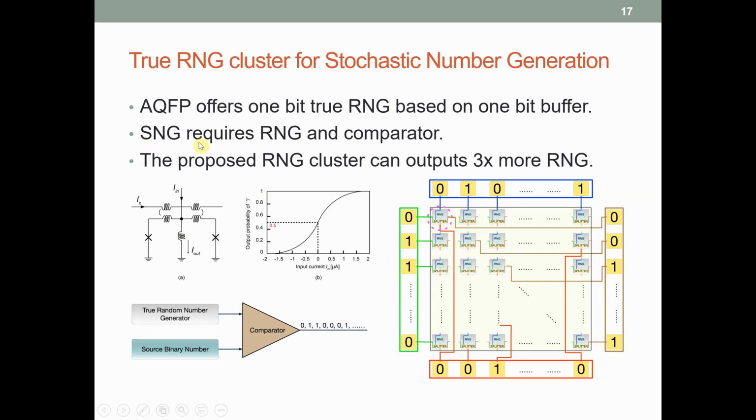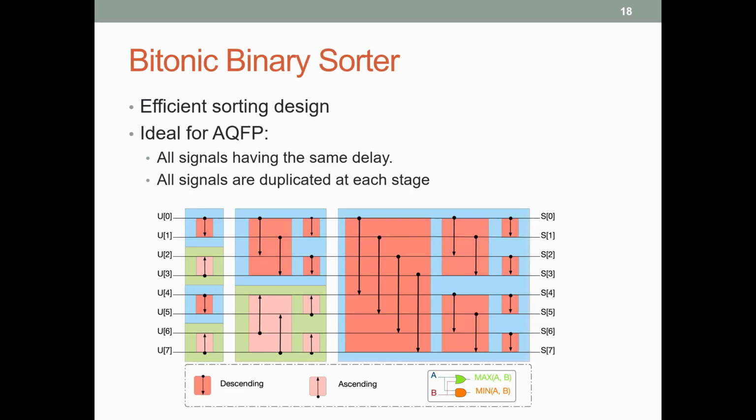The stochastic number generator requires this true random number and one comparator, and we have implemented a comparator here. We have further developed a structure that can generate an array of random numbers quite efficiently for the AQFP. In a nutshell, this random number generation block is highly efficient in the AQFP and much more efficient compared with the CMOS-based implementation.